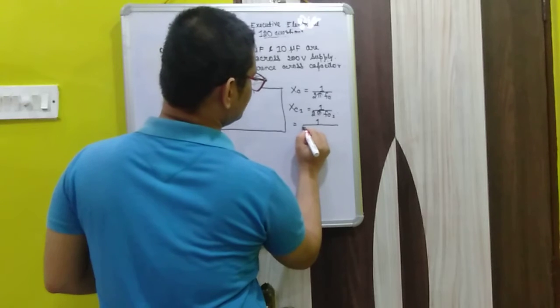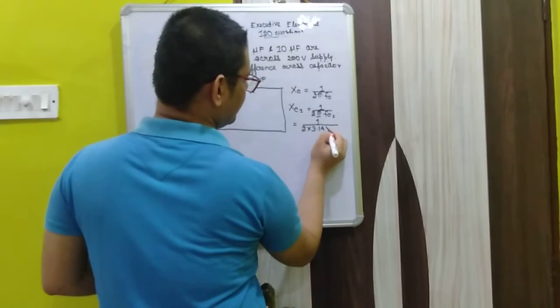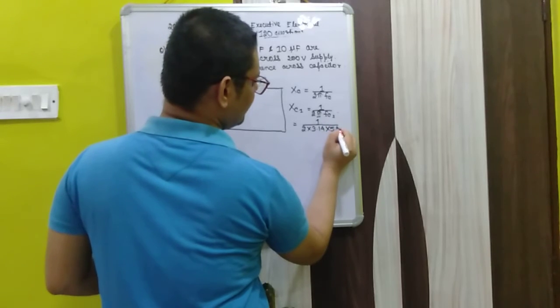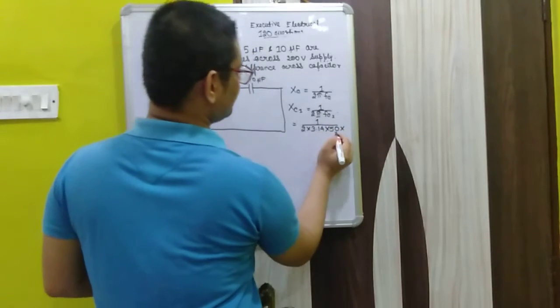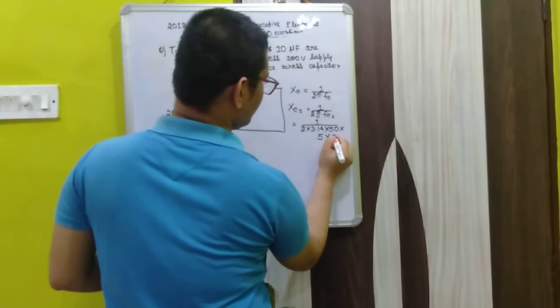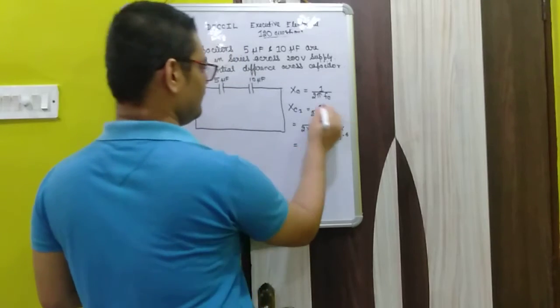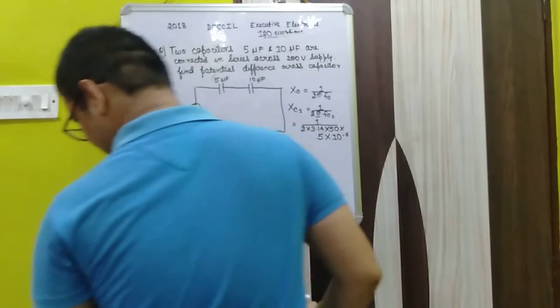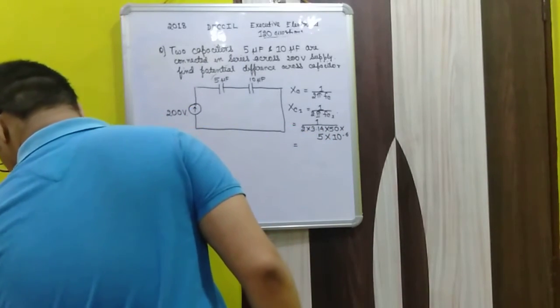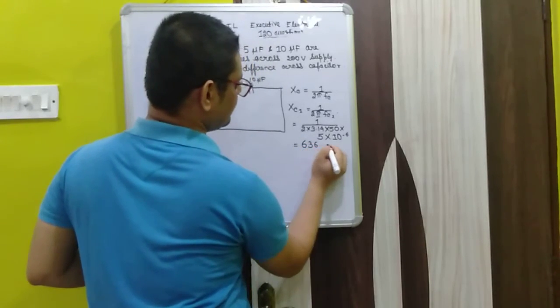It's very easy: 2 into pi, which we know is 3.14, into frequency, which is constant at 50, and capacitance is 5, which we have to take in farad, that is 10 to the power minus 6. If we calculate this, the final answer will come as 636.9.